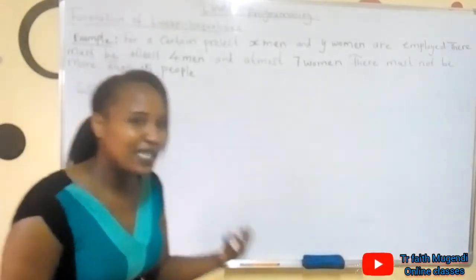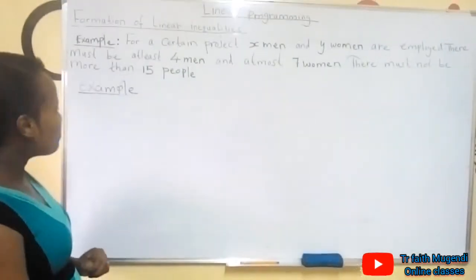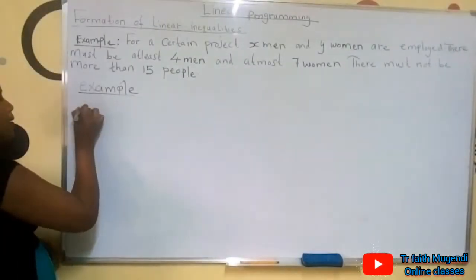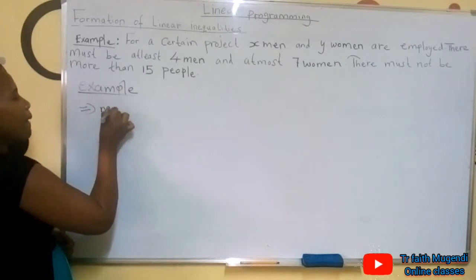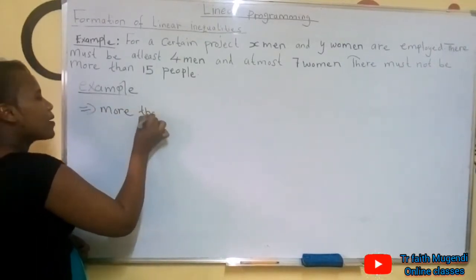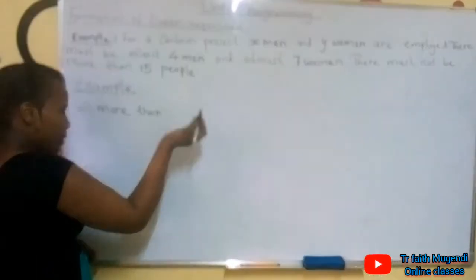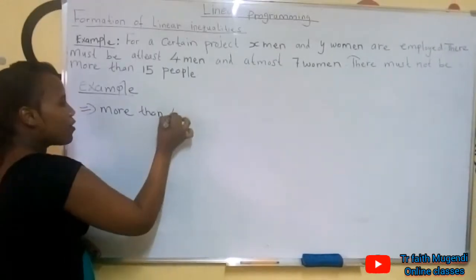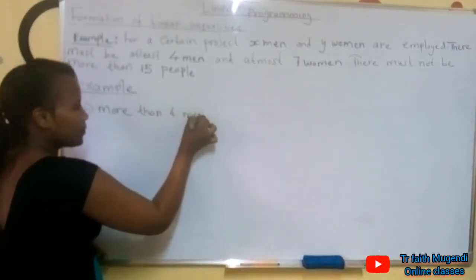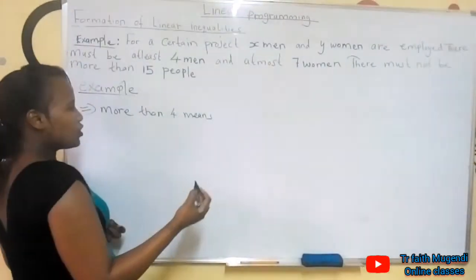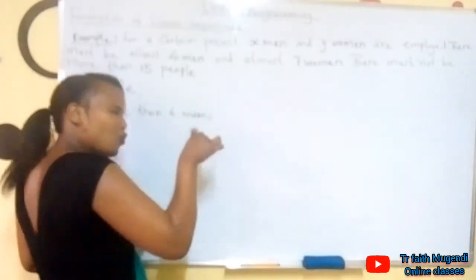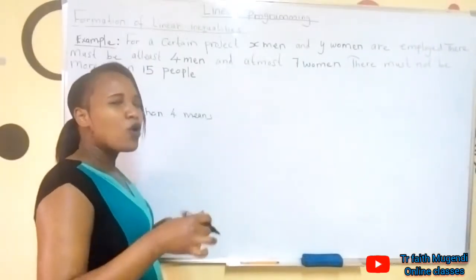What do those two words mean? More than 4 means values, no, 4 is not included, more than 4.